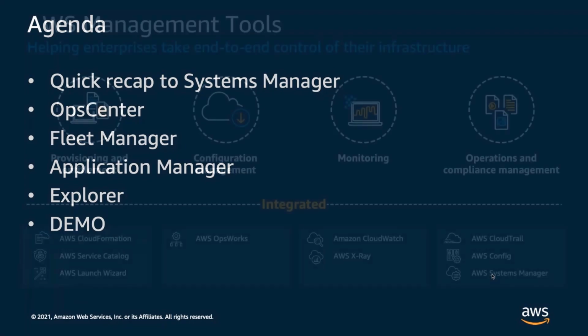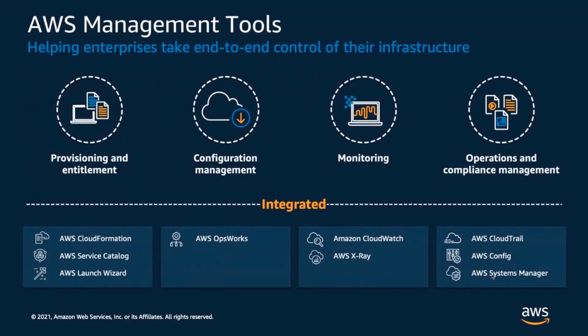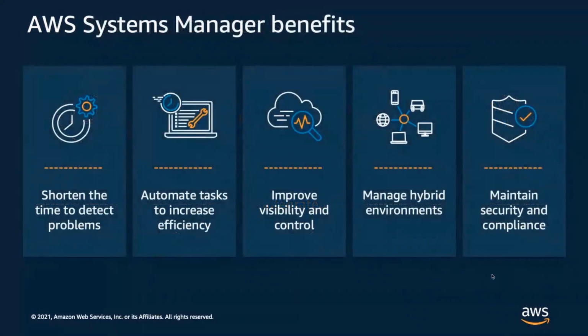environment. As you know, at this point, Systems Manager is part of what we call AWS Management Tools, specifically focused on operations and compliance management. And I hope that you are already convinced of its benefits, but I will try to bring them up briefly.